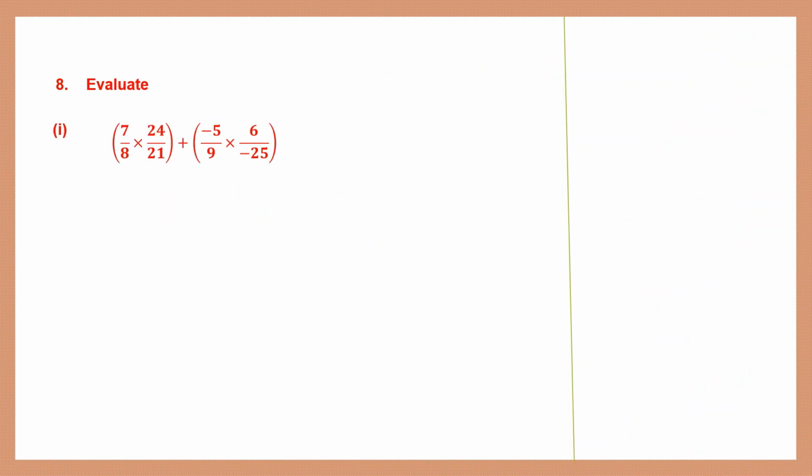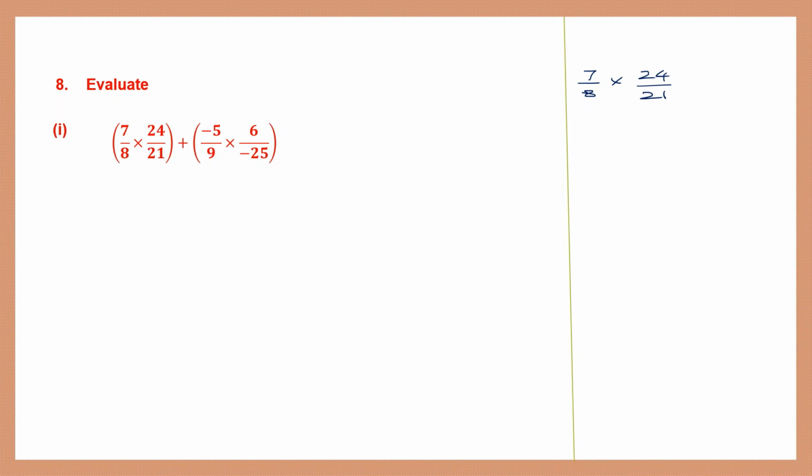Question 8. Evaluate. So here again we have brackets and we have addition operation. So we have to first remove our brackets. So let's work on the first bracket that we have here. So 7 by 8 into 24 by 21. This is normal multiplication where you can cancel.